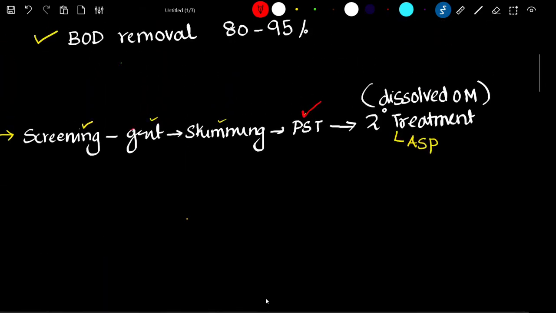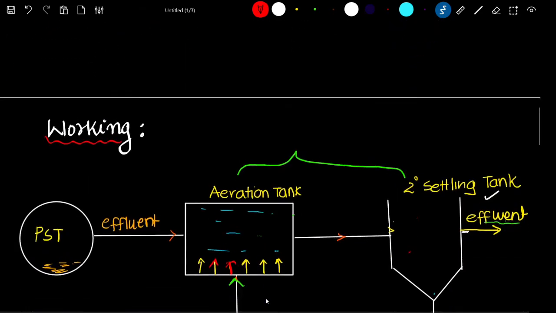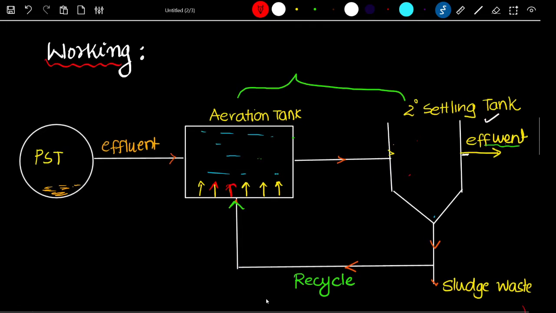After the primary settling tank, the effluent from this primary settling tank is fed onto an aeration tank, which is a part of this activated sludge process. If you are asked what the components of an ASP are, you can say that an ASP system has two components.